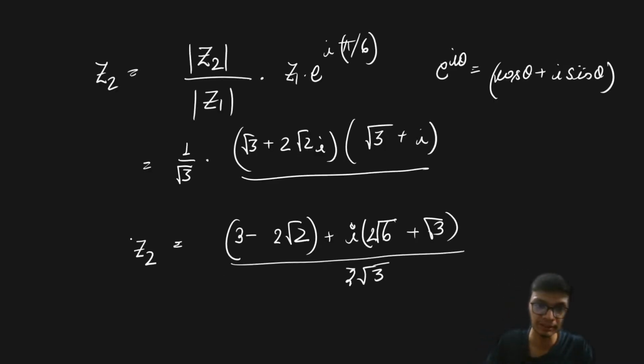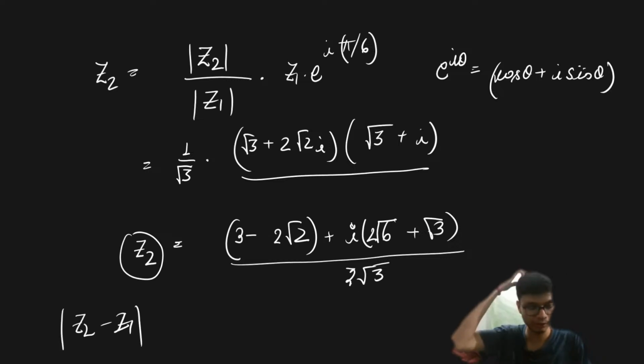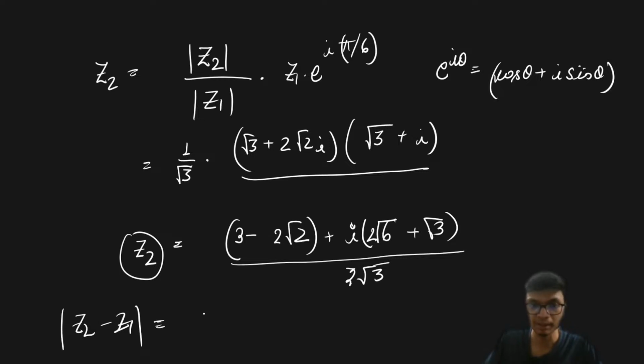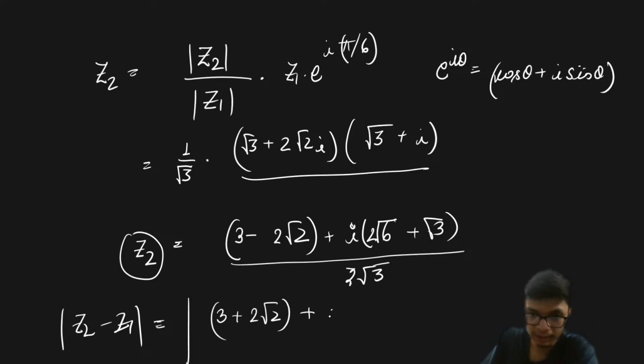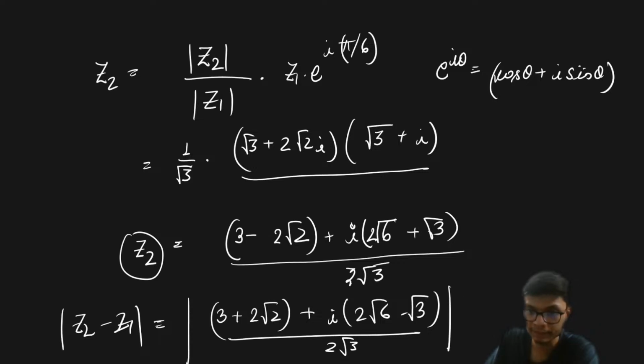So if you take z2, let us see what our distance z2 minus z1 is. The distance of z2 minus z1 is nothing but the mod of the difference. The difference is coming as 3 plus 2 root 2 plus iota times 2 root 6 minus root 3, whole divided by 2 root 3, and I will take the mod of it.